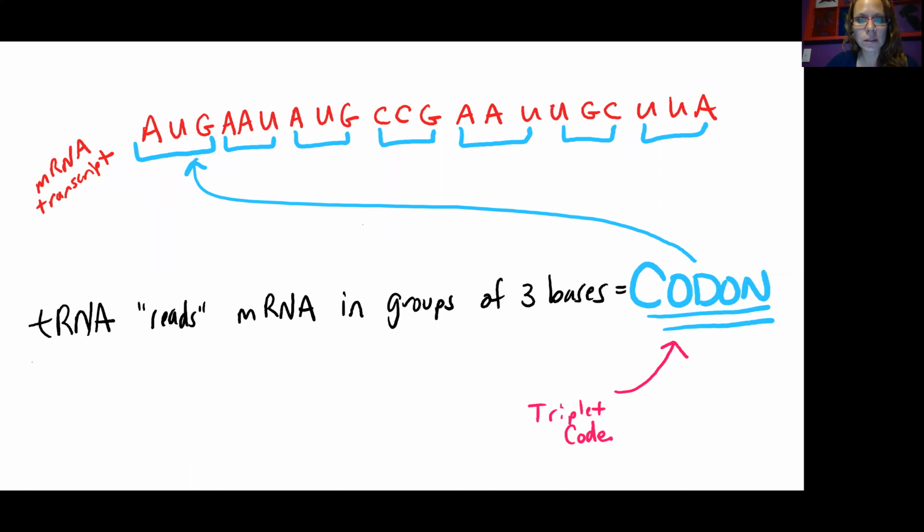So codons are groups of three bases that equal one amino acid, and our whole sequence is in these groups of three, so we can call the DNA molecule a triplet code. So it's describing basically how to break the code.